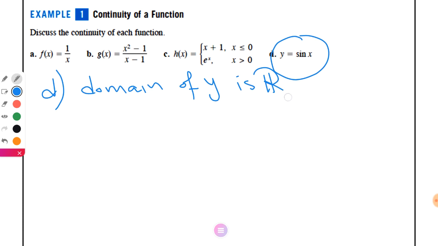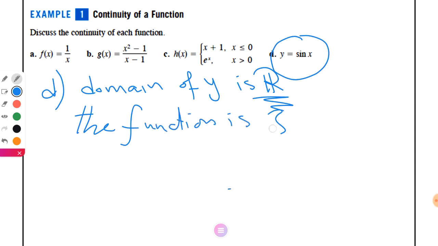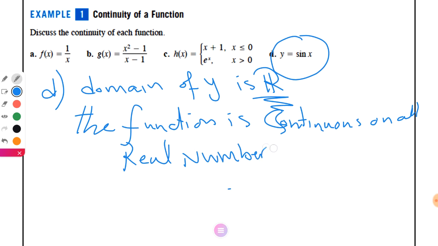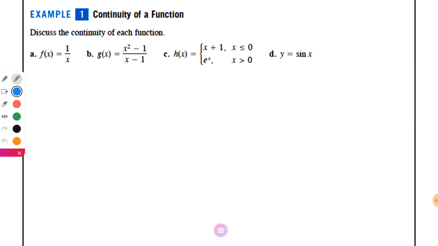So, since the domain is all real numbers, the function in number D is continuous on all real numbers. Clear or not clear? The skill I need during this lesson is to remember the domain of some functions, like a rational function, how to find its domain: all x not equal to the zeros of the denominator. Please don't forget. I hope you understand everything here.